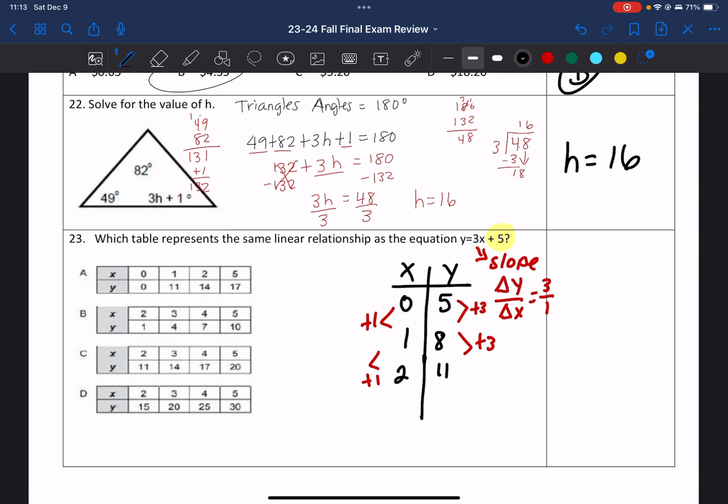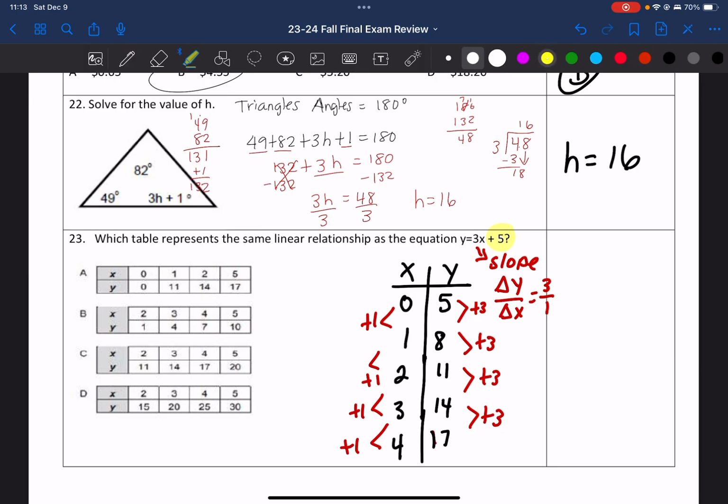Okay, let's do 2 more. Plus 3, that would actually be 14. Plus 1, that would be 3. Plus 3 would be 17. Plus 1 would be 4. Okay, so let's go ahead and stop there.